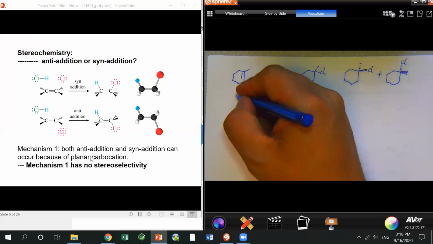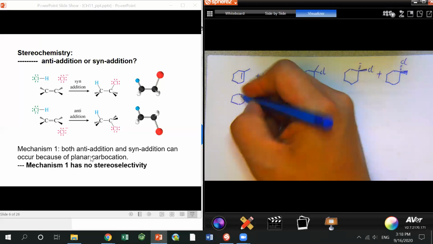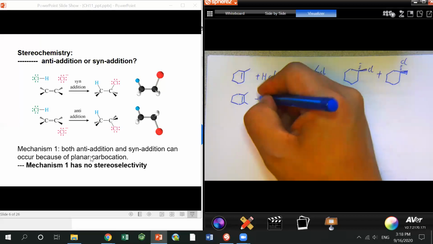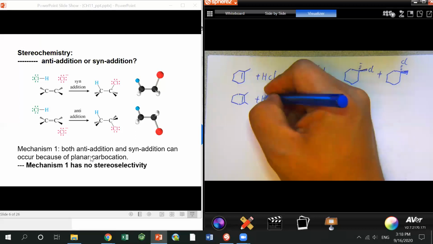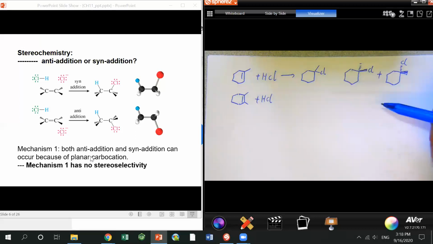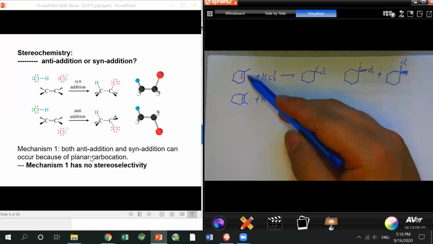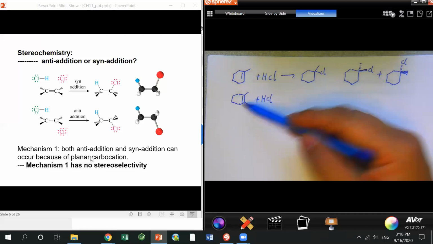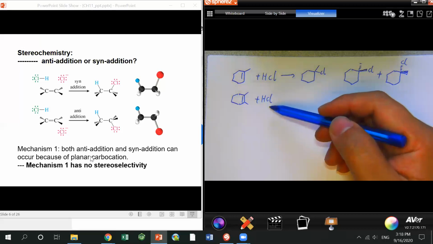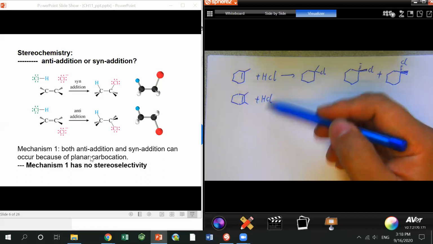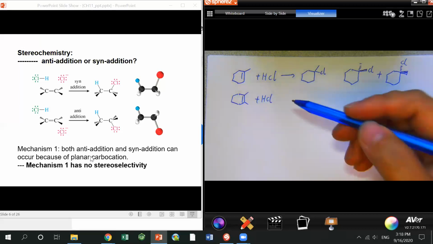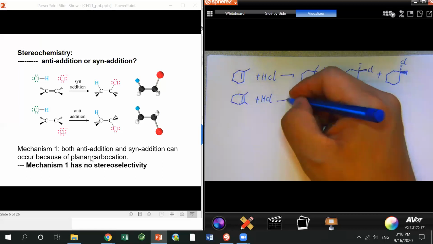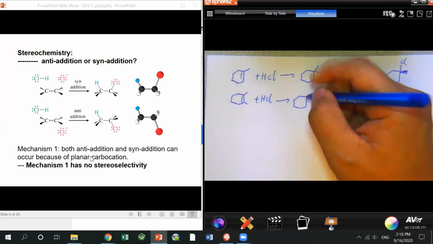If we do the addition to a symmetrical alkene, like this one, there's also no stereochemistry. Here there's a regioselectivity for Markovnikov, but even so there's no stereochemistry. So in this case you can generate all four possible products: R,R, S,S, R,S, and S,R. I'm going to quickly draw all four for you.